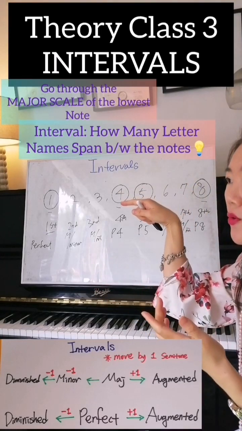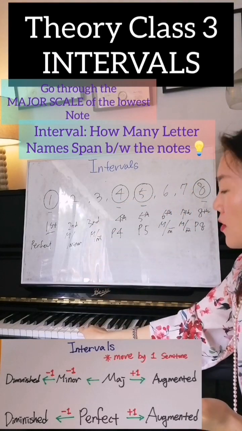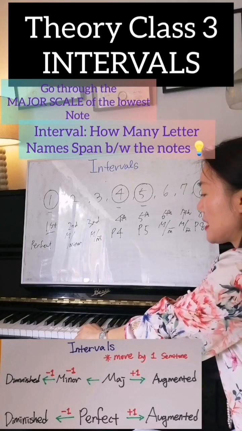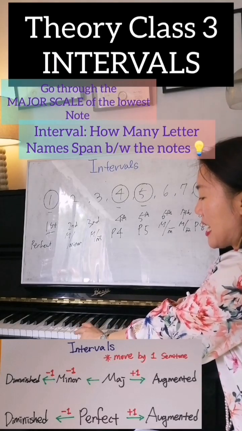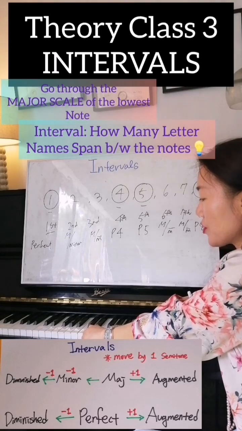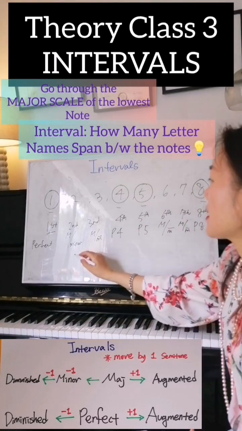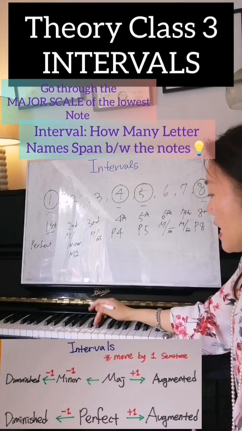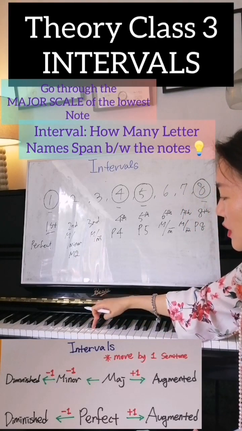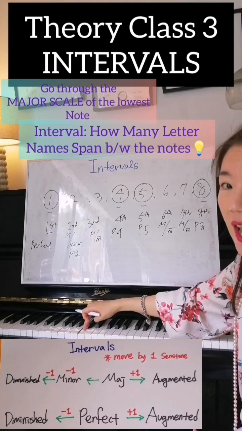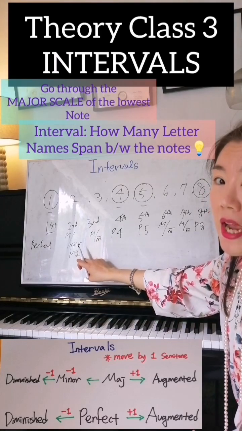Always remember, go through the major scale of the lowest note. Let's go through the C major scale. Is D the second note of C major scale? Yes, so that becomes a major second. If the highest note is part of the major scale of the lowest note, that becomes a major second.